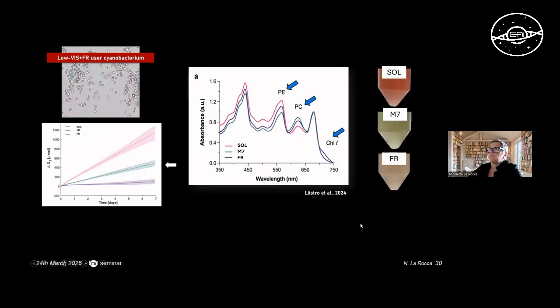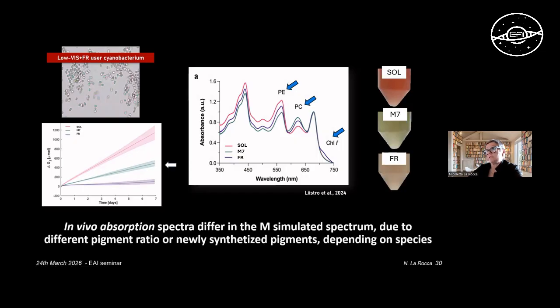And so we cannot generalize and say that far-red users are more able to live or to photosynthesize under the M-dwarf simulated spectrum. The final results will depend on the reorganization or synthesis of new pigments, and this could obviously affect the reflectance spectrum.